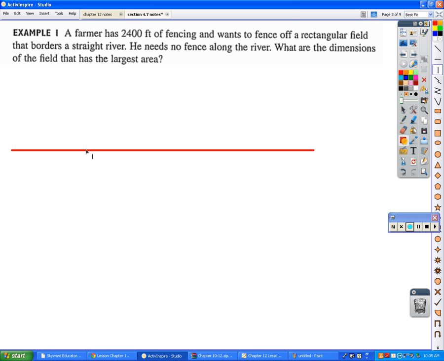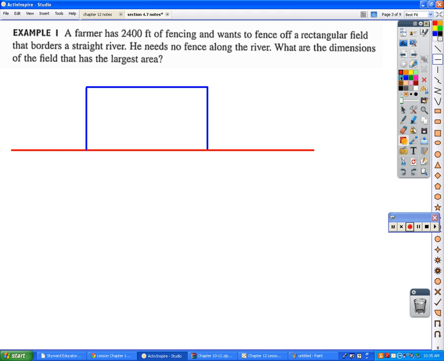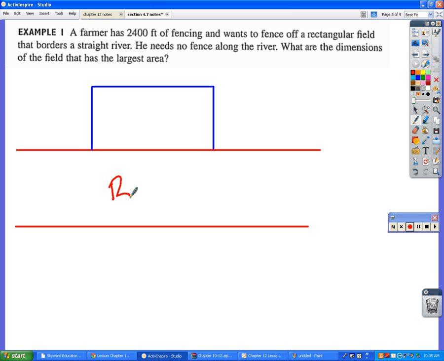So there's the river, and he's going to make a little field here. This is the river underneath. The river should be blue probably. So here is the river, and here is the field.